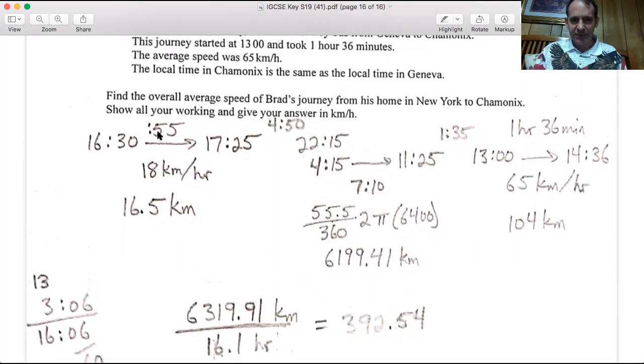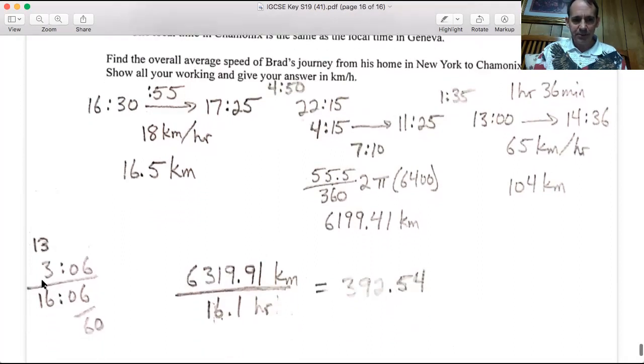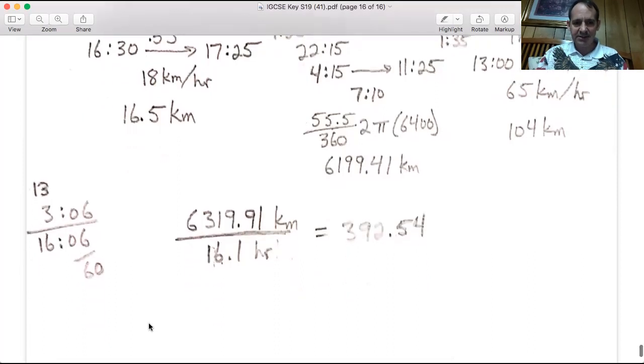So if you take 55 plus 50 plus the 10 plus the 35 and then plus the 36, you're going to find out that you end up with 186 minutes. So if you add those up and you divide by 60, you're going to get 3 full hours with 6 minutes left over. So that gives us 16 hours and 6 minutes.